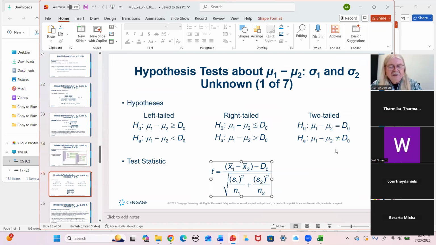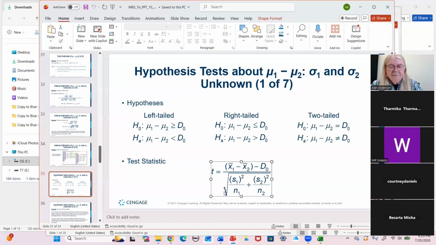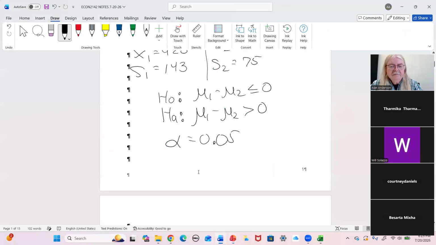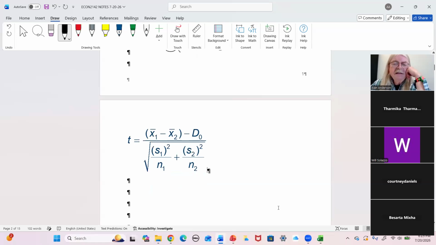All right, so let's copy this into the notes and plug the numbers in. Now, by the way, D0, remember what this is. This is the hypothesized difference between the two.